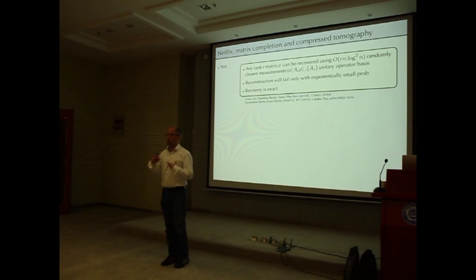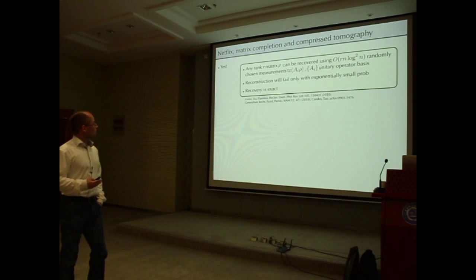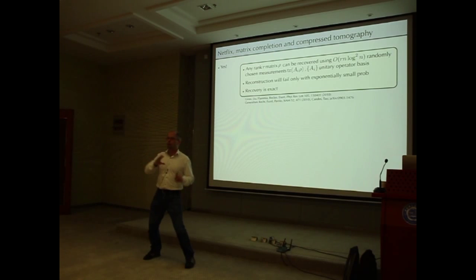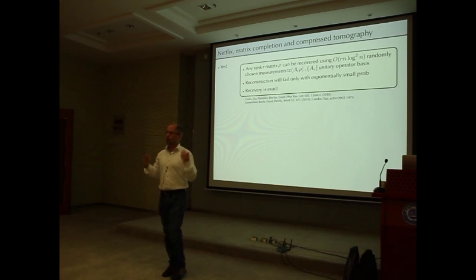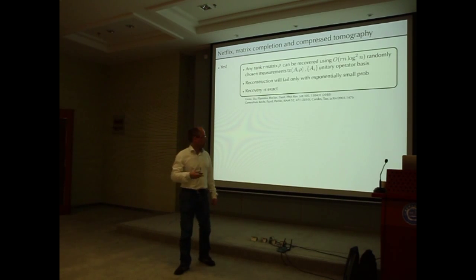The reconstruction is probabilistic, but it will only fail with an exponentially small probability. It is exact, it's efficient, and it's robust, in the sense that if I tweak my data a little bit, my reconstruction will also be tweaked only a little bit. There's no gimmick. It's as practical as it sounds. With comparably very few data points, you can reconstruct a low-rank matrix.